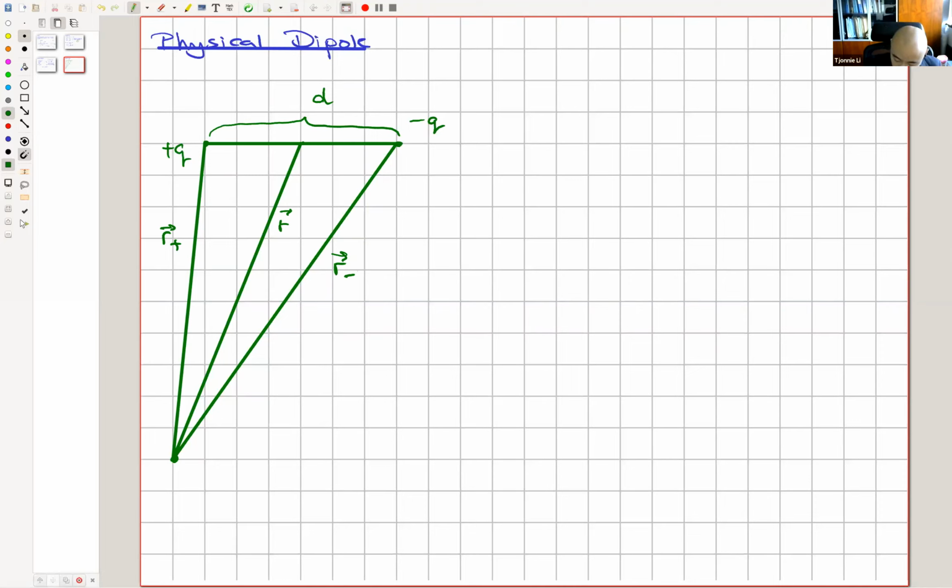And if you will, I can make this theta, give it some angle. Okay, so this would be arguably the simplest thing I can do, right? So that if I look far away, then the total charge is 0, right? There's a plus charge and a negative charge. So if I, in this case, make the distance R much bigger than D, then the Q equals 0.